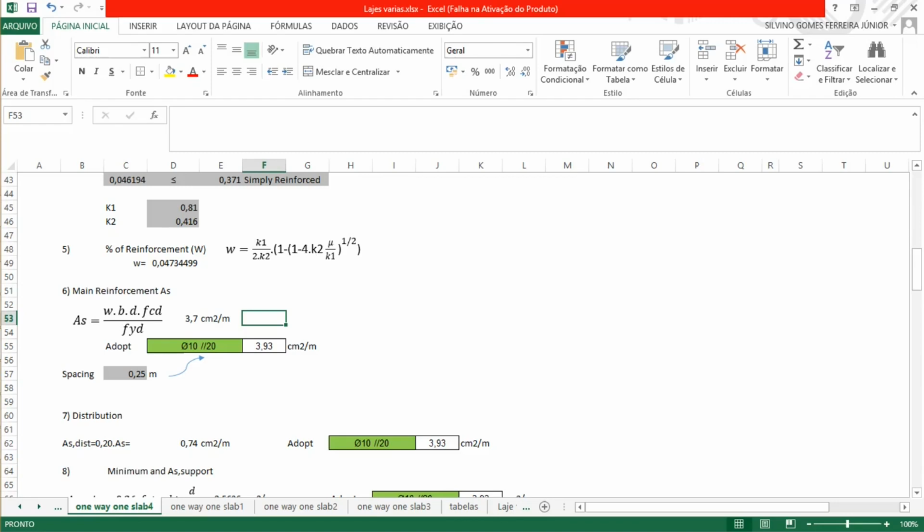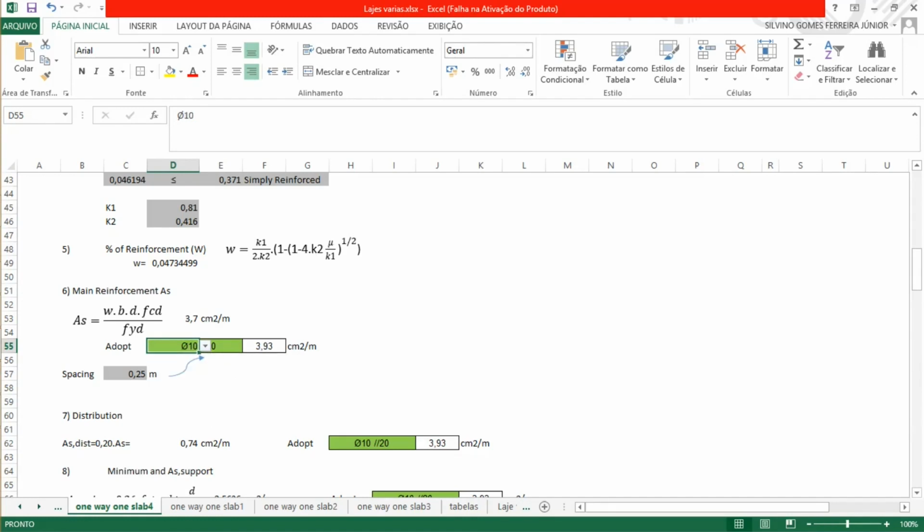Okay, so the iron rods that we're gonna use, I choose the 10 spaced by 20 centimeters. So the 10 millimeters, because if I choose 8, I get 2.51, that is less than 3.7 that I need.